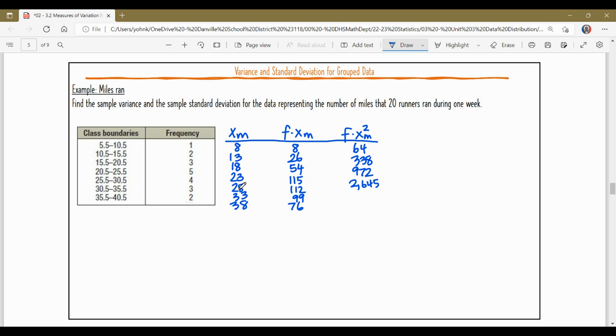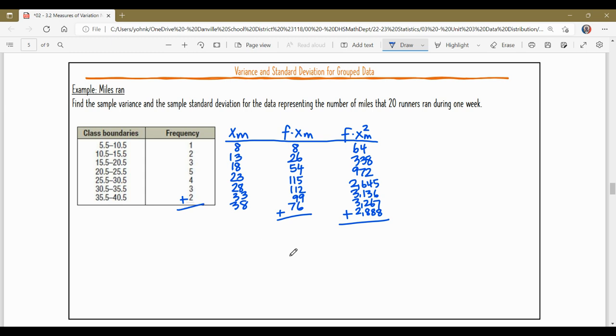And 4 times 28 squared is 3,136. 3 times 33 squared is 3,267. And 2 times 38 squared is 2,888.